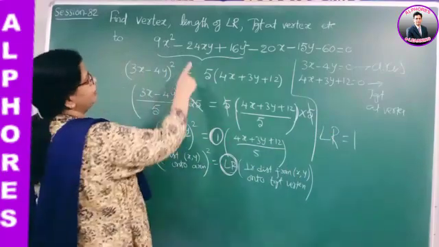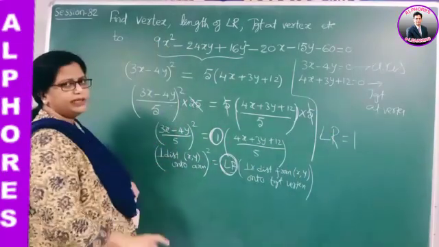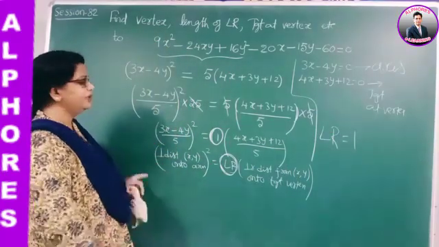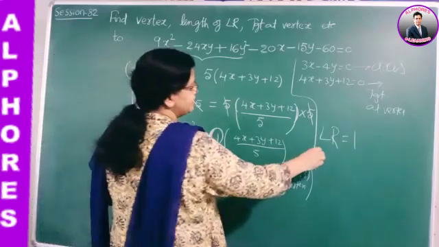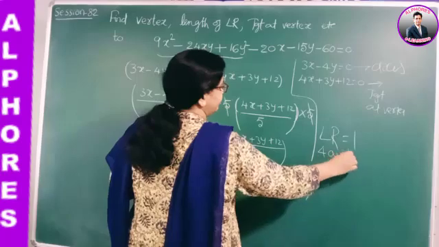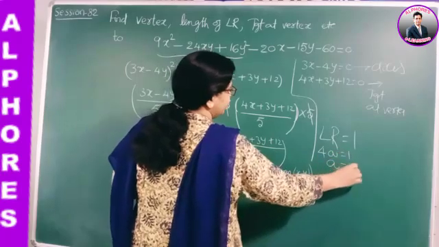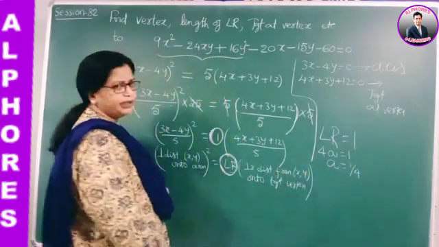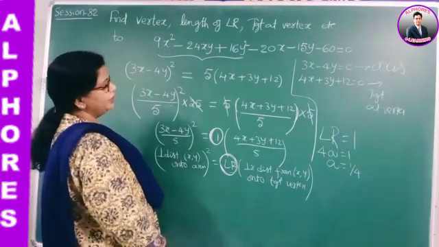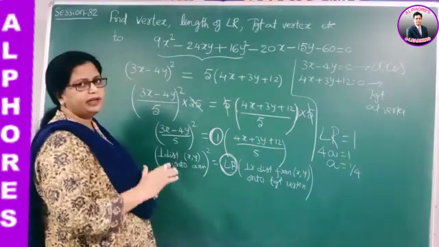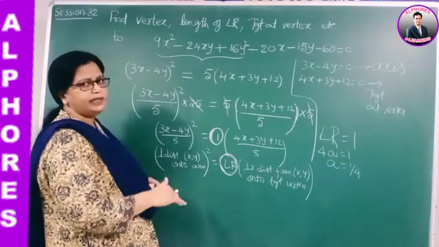And next, if at all you want the focus, directrix, everything, just make use of the same concept. That means 4a is how much here? It is 1. So a equal to how much here? 1 by 4. Okay, then focus value. What about focus? We have said it is nothing but X equal to a and Y is 0.